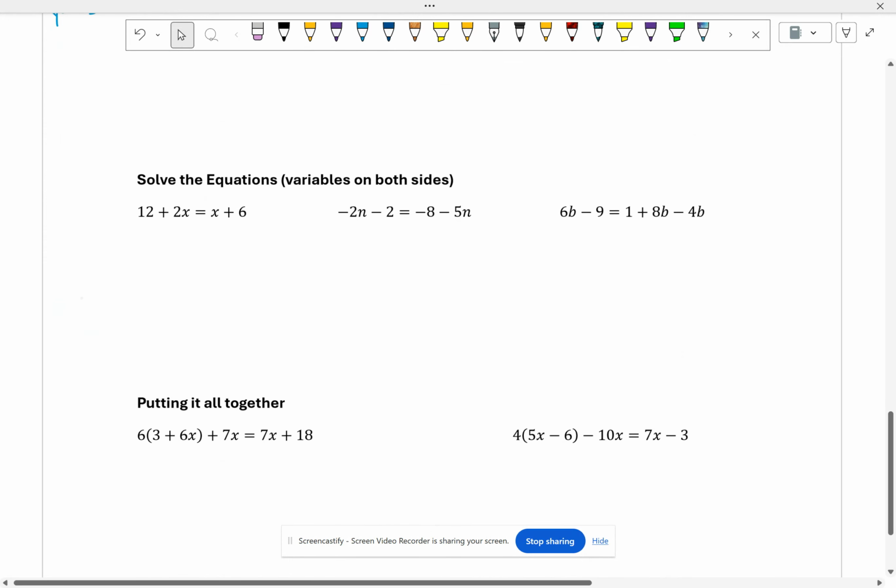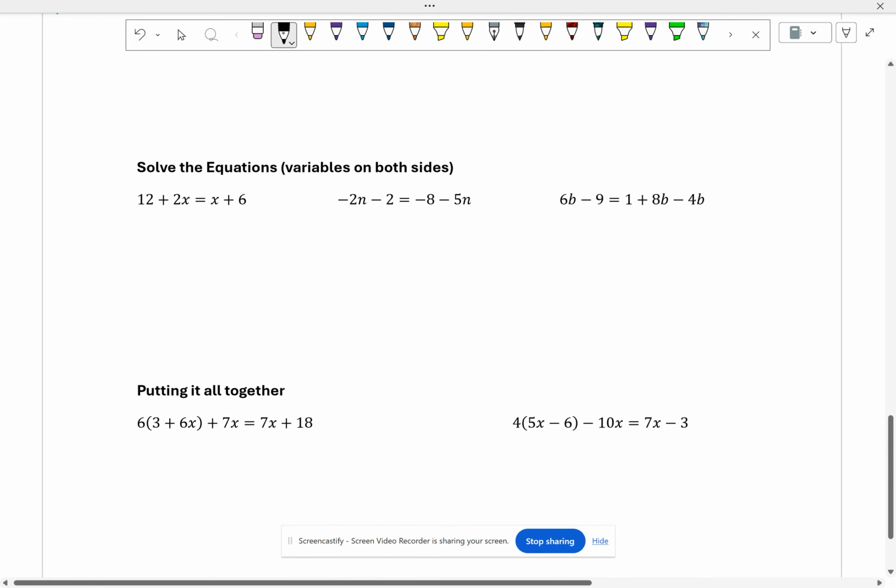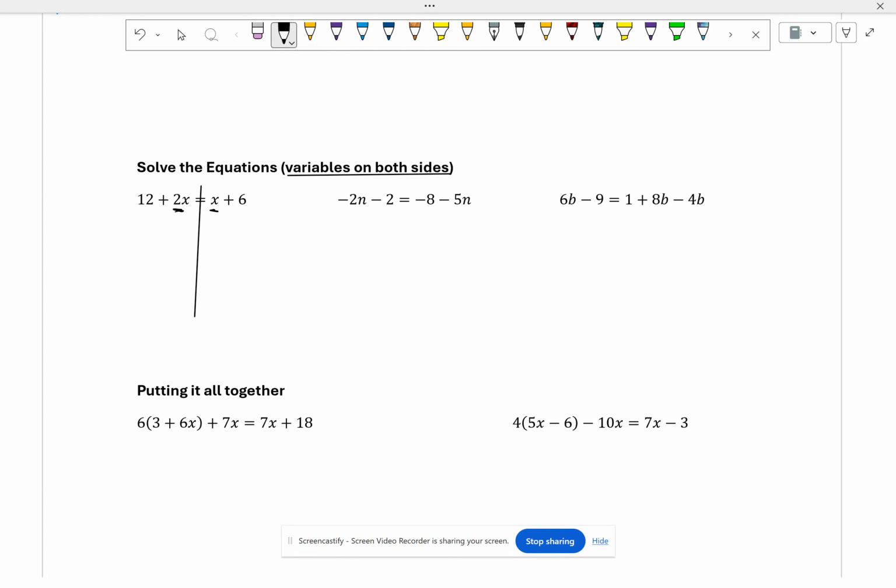This last little piece that I'm going to do is when we have variables on both sides of the equation, and it's not really that much different than we've been doing. Like I said, distribute first, combine like terms, and then get your variables on one side. So there's no like terms or distributing to be done here. But if you look on both sides of the equation, there's an x here and an x here.